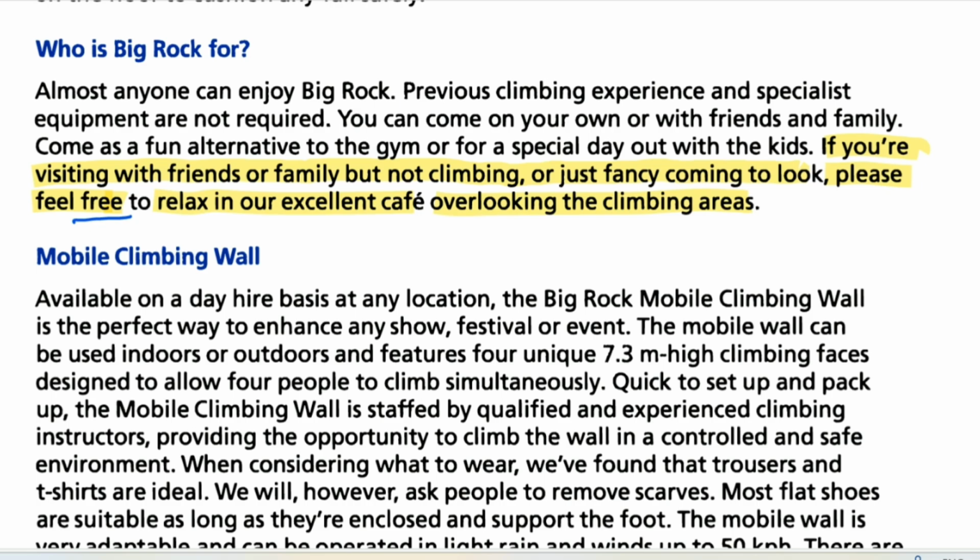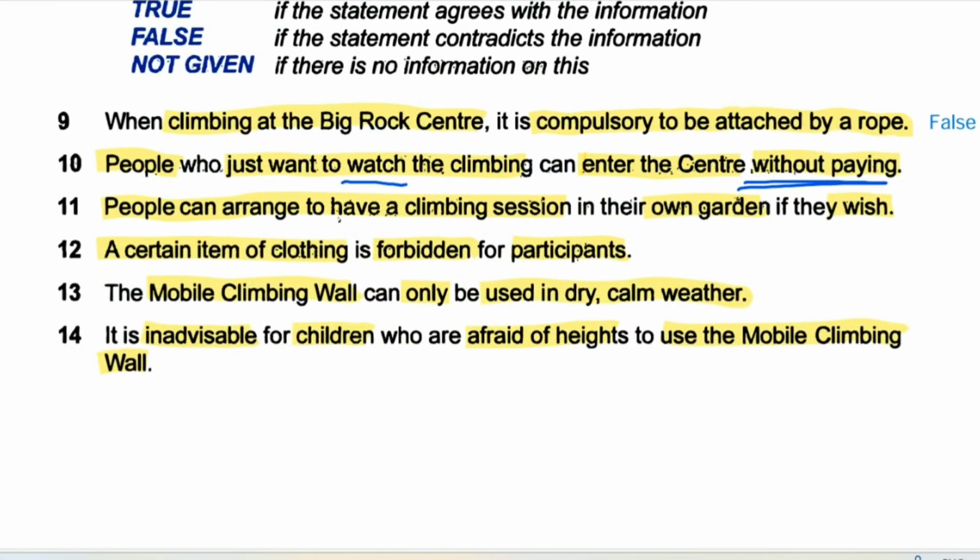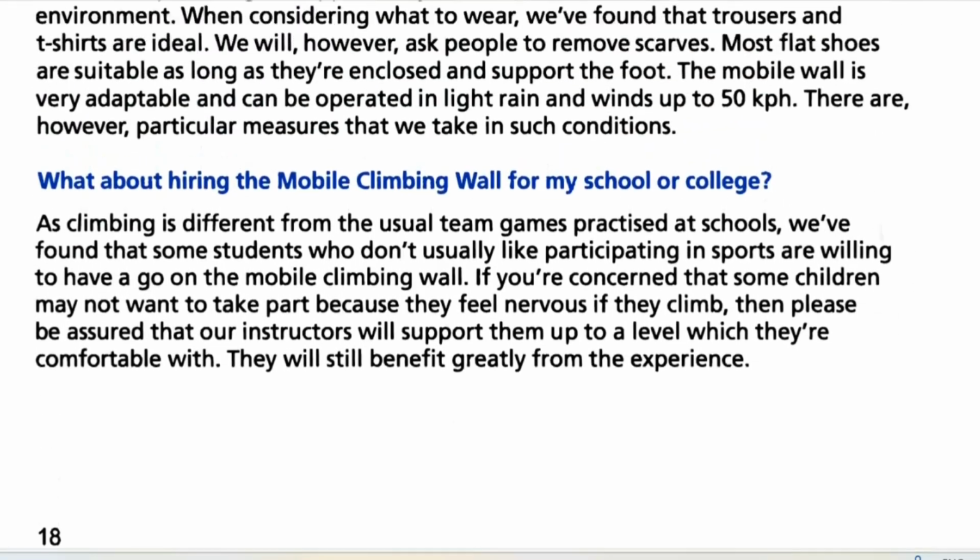Alright? Also, one more thing that I want you to note is this whole sentence is talking about cafe. But the question is not talking about cafe, it is talking about the center. So the question is talking about the center, but the sentence is talking about the cafe. They both are unrelated.